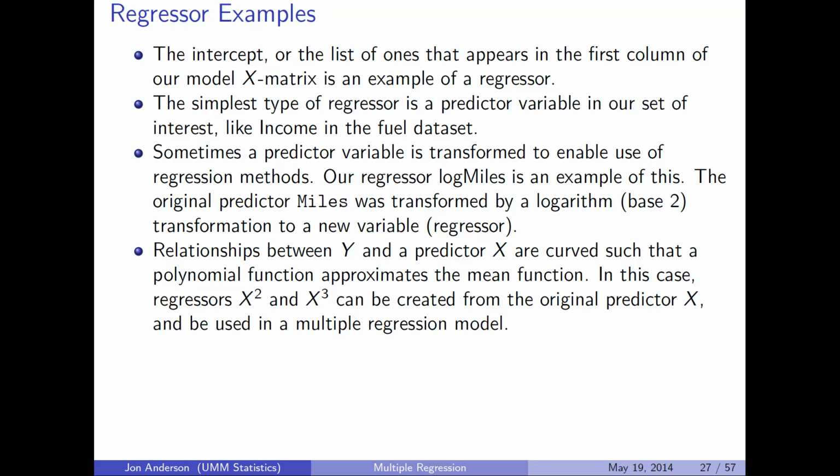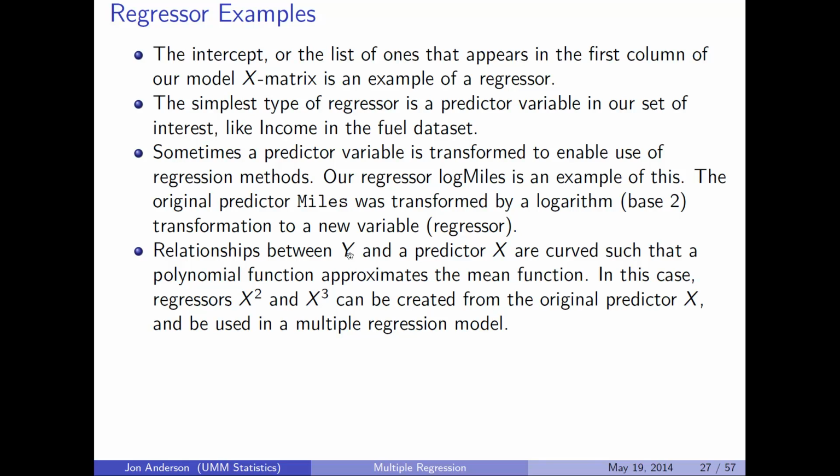Other times we might alter or transform a predictor variable like our regressor log of miles, log base 2. Here is a case where our original predictor was miles, but we modify it with a logarithm transformation to make a new variable, a regressor, that can be used in regression models.